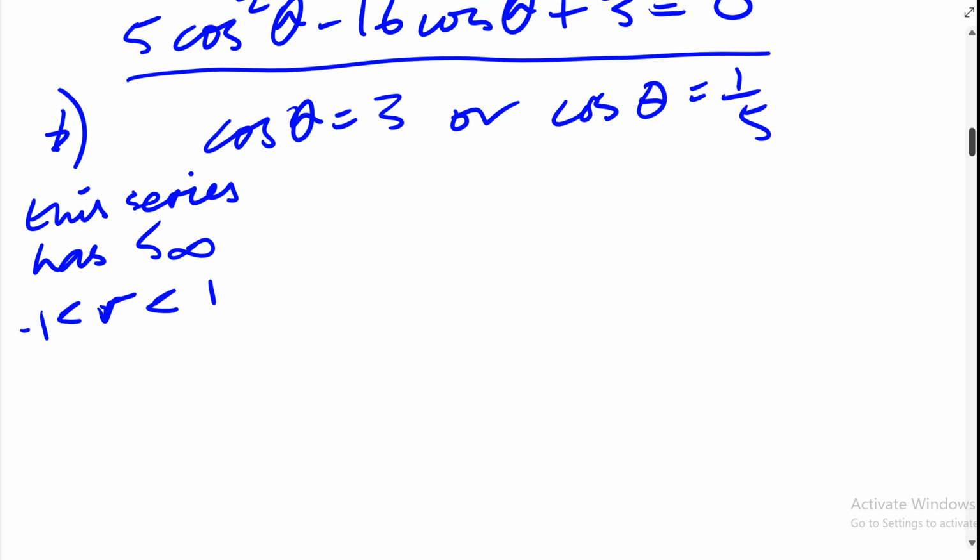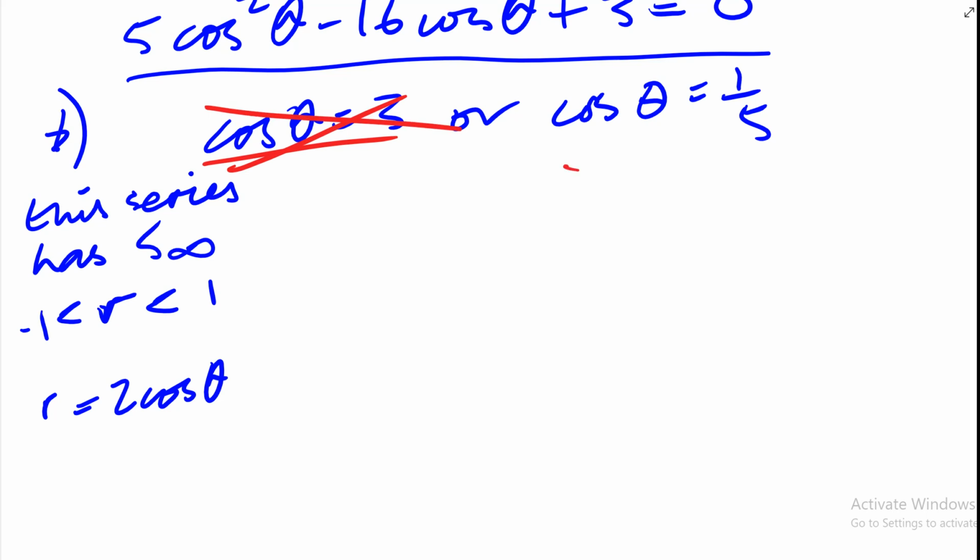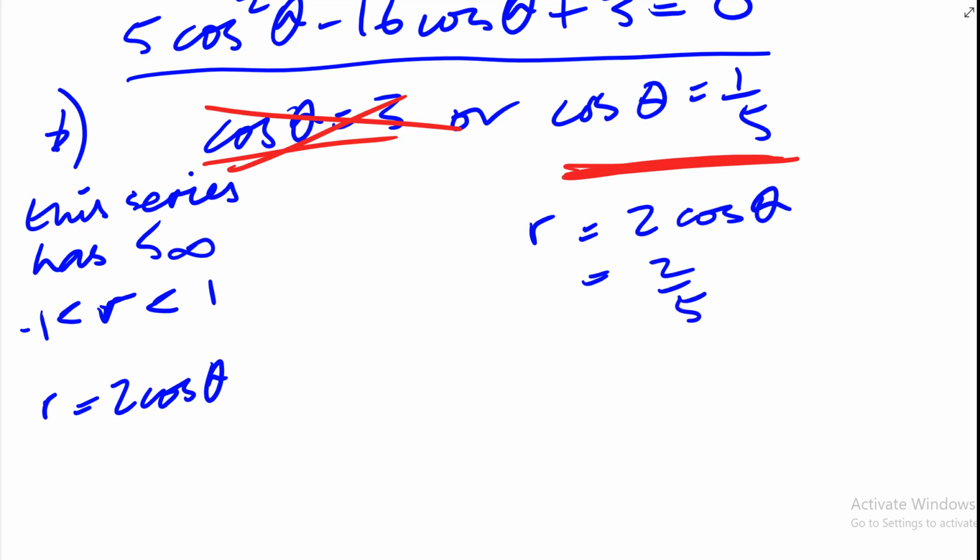So therefore we can't have, remember R in this question is 2 cos theta, we can't have this, otherwise R would equal 6 and it wouldn't converge to a sum to infinity. So this we can forget about. Okay, we're only interested in when cos theta equals 1/5, because in that case R will equal 2 cos theta, so R is 2/5.